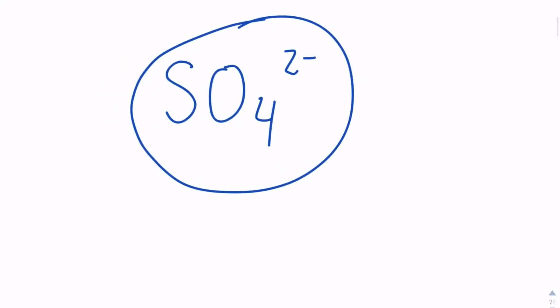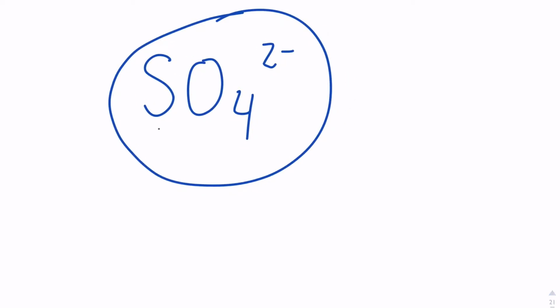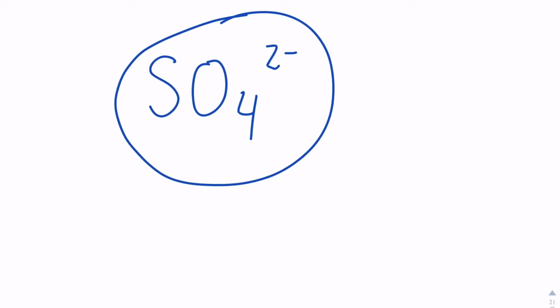In our sulfate ion, we have sulfur and oxygen, but they are acting together as one ion with a 2- charge. So we treat them very similarly to how we treat our single elements in ionic bonds.